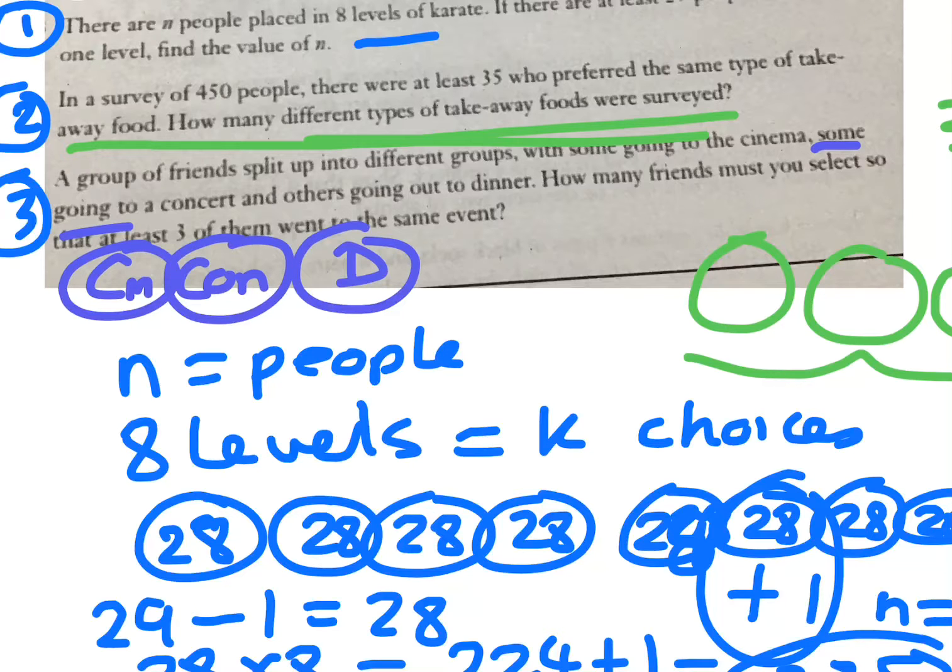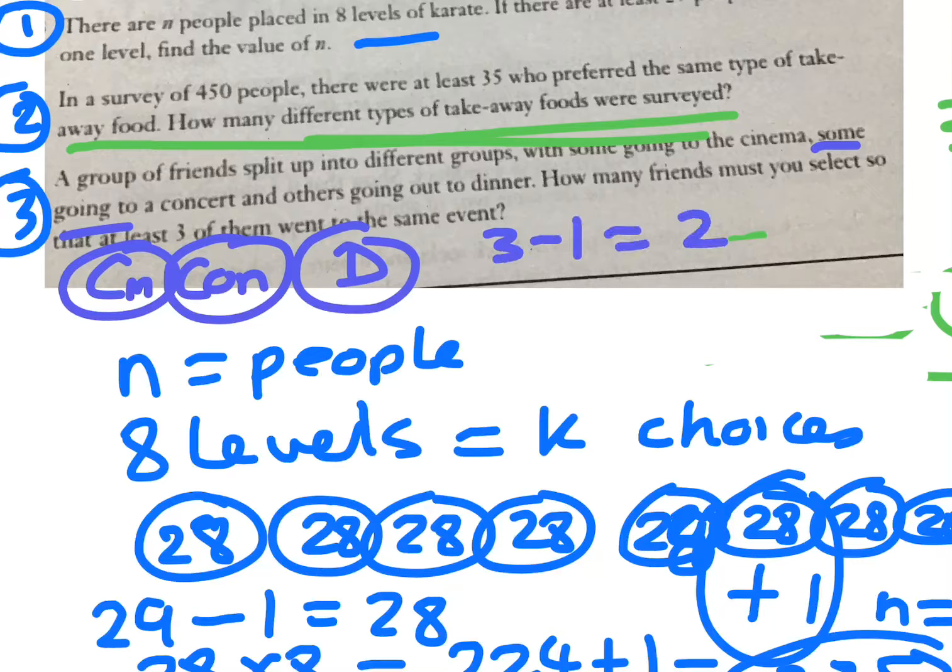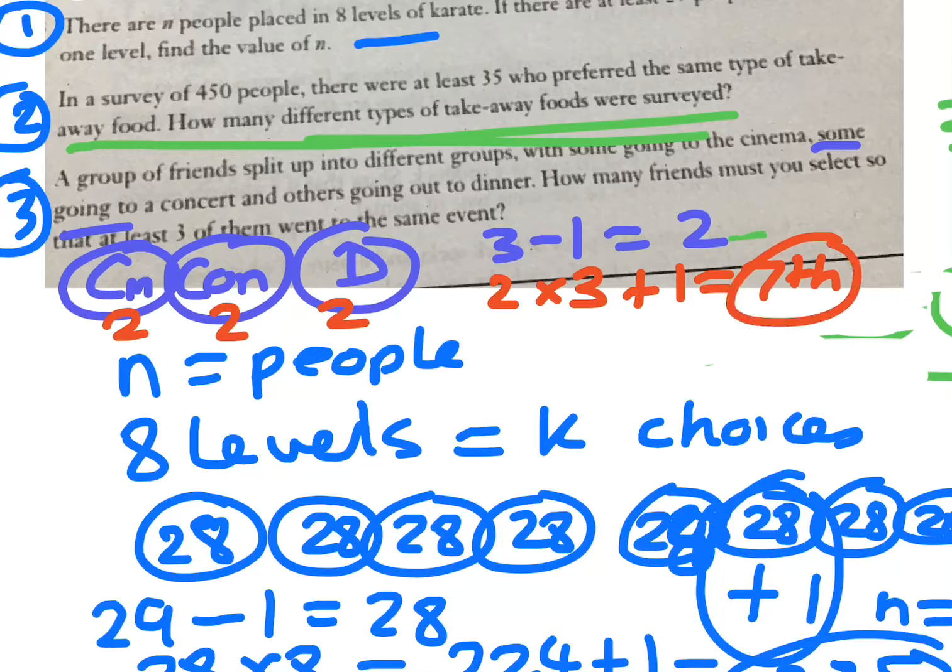How many friends must you select to guarantee that at least 3 of them went to the same event? If you take 1 away from that, that means you put 2 going to each of these events. So that's 2 lots of 3, and you just have to add 1 more. The 7th person, if you chose 7 of them, then you would be guaranteed that at least 3 would be going to one of those events.